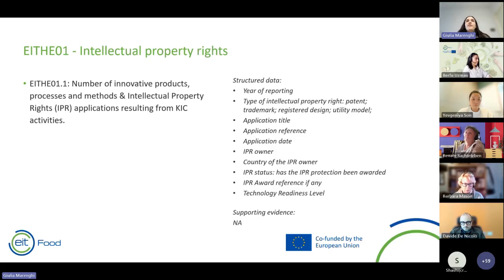For this KPI, the structured data required refer to the year of reporting, the type of intellectual property rights, the application title, reference, date, IPR owner, etc. You see them all listed here to the right. No supporting evidence is required, which means that no document will have to be uploaded in my EIT Food when you report the achievement.